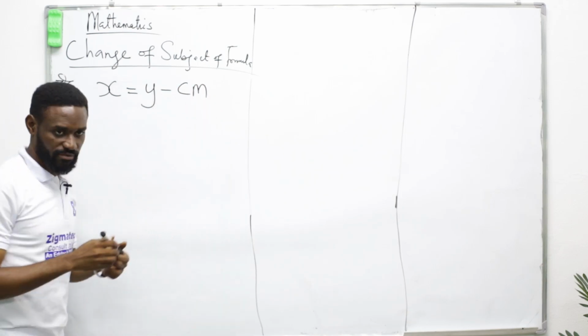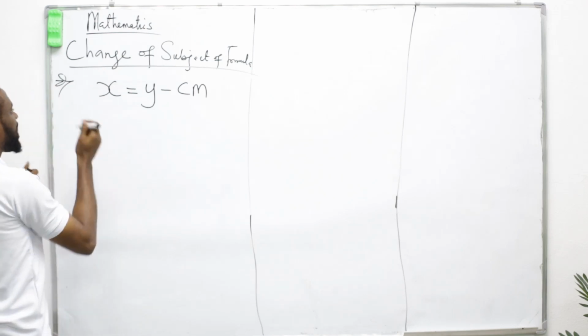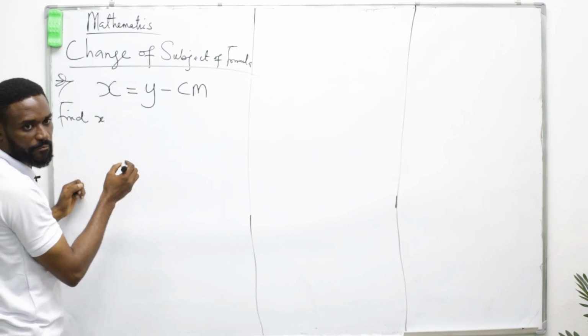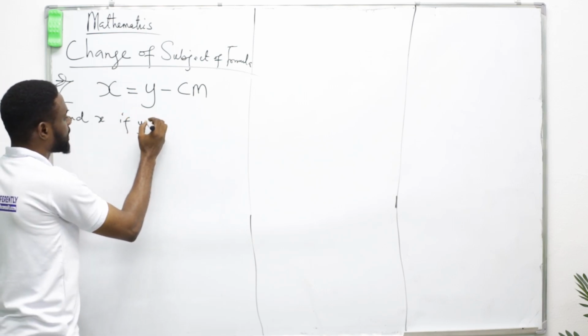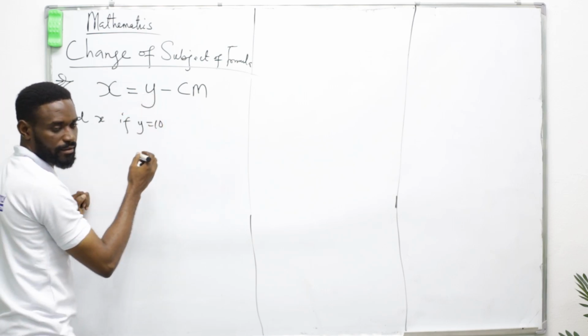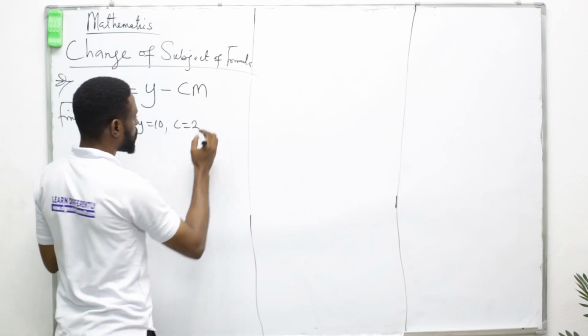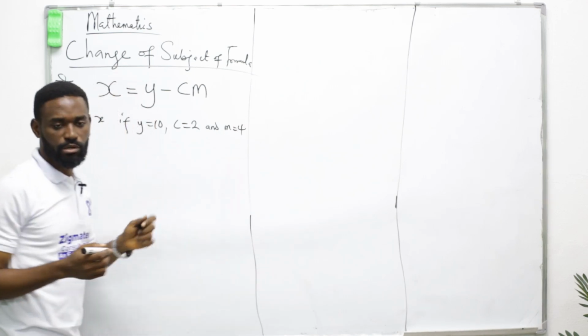That is the formula given. Now they say we should find the value of x. Find x, if y is equal to 10, c is equal to 2, and m is equal to 4.